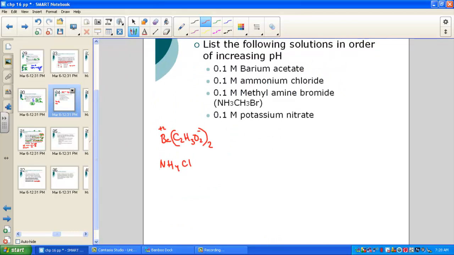We have methylamine bromide, which is given for us, NH3CH3Br. And we have potassium nitrate. So 4 different salts here.